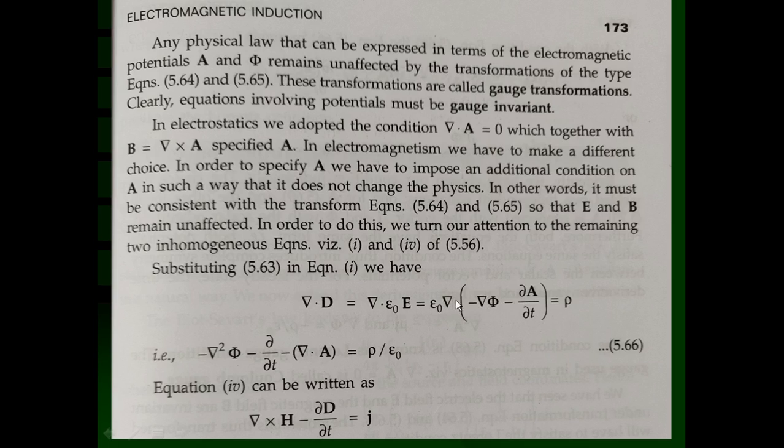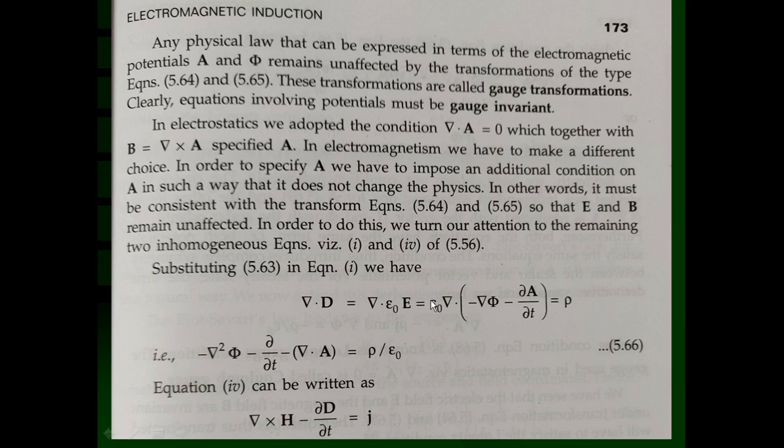Simplifying this, del dot del is nothing but del square, the Laplacian operator. So we can write this as minus del square phi into epsilon 0, and this term is epsilon 0 times del dot del A upon del T, that is equal to rho.